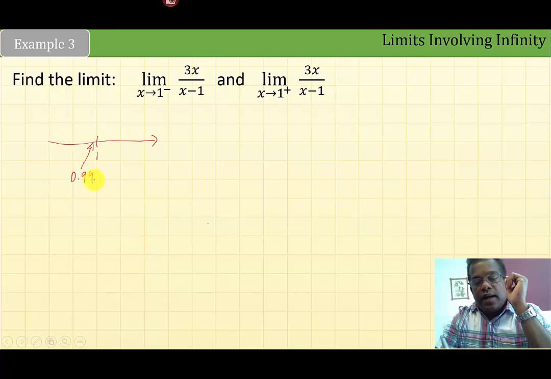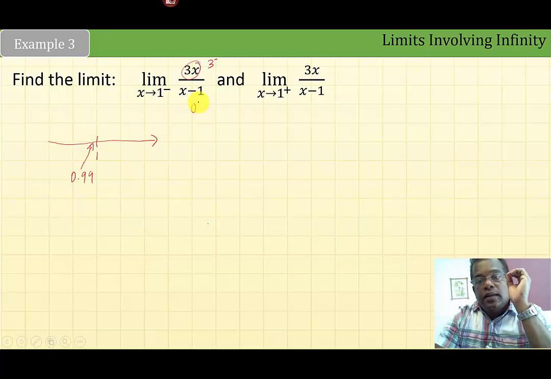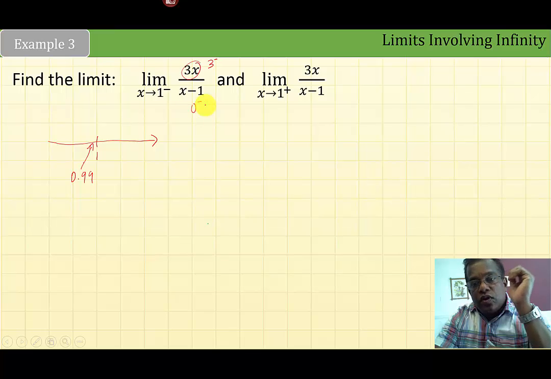0.99. As x approaches 1, the 3x is going to approach 3 from below, meaning just below 3. And as x approaches 1 from below, x minus 1 is going to approach 0, but it's going to be negative. So this is approaching 3 from below, meaning it's a positive number.